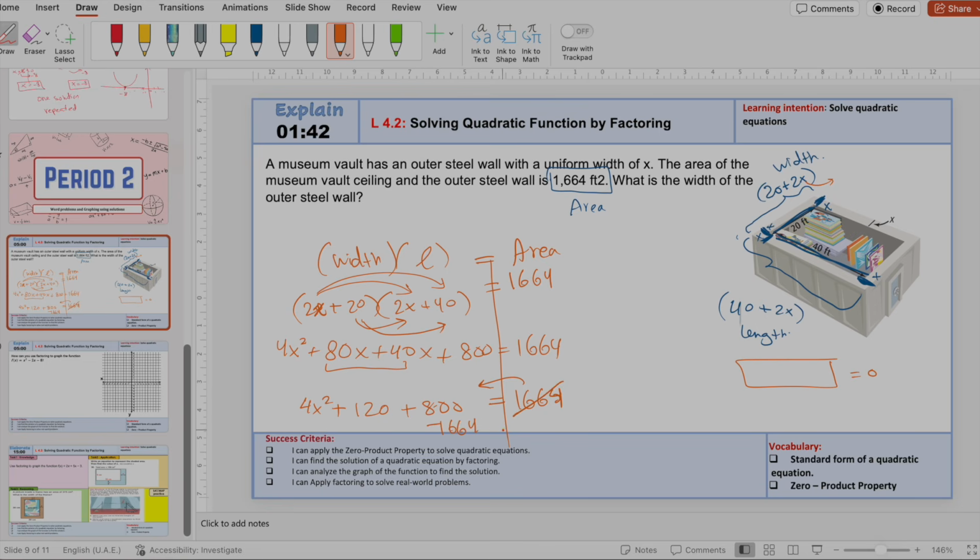Now you have it equal to 0. What's equal to 0? 4x squared plus 120x. And then subtract these, you have 800 minus 1664. You're going to get negative 864 equals 0.